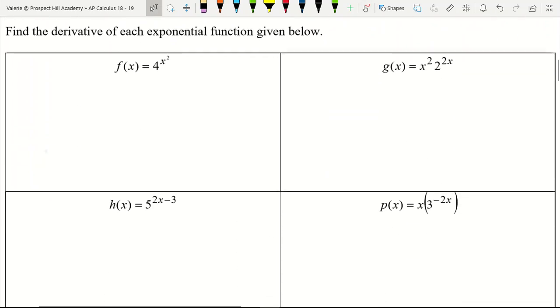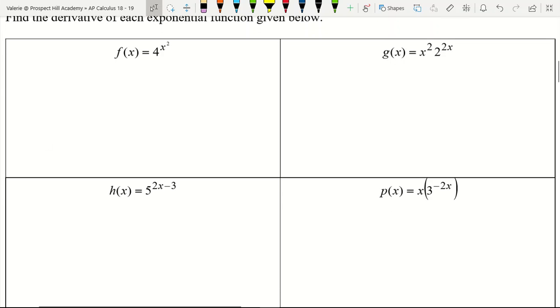Okay, so now we want to find the derivative of each exponential function below. I'm only going to do 2 of these problems, and you're going to do the other 2. The 2 I'm doing are f of x and g of x. So if I want to find the derivative of f of x, we know 4 is our base, and x squared is our exponent function. The derivative of that is 2x.